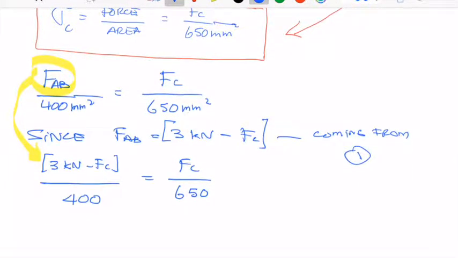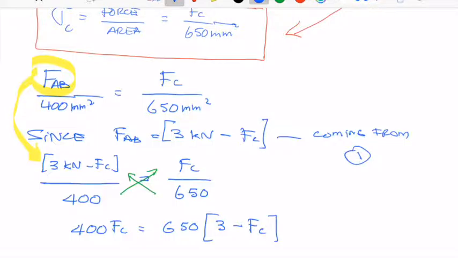So what we can do here is a cross multiply. So I have 400 FC equals 650 times (3 minus FC).